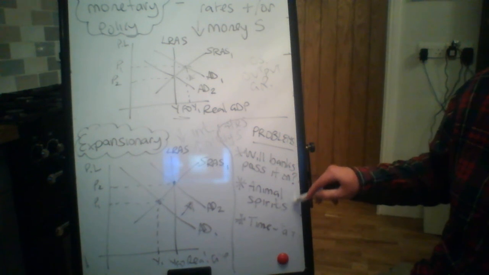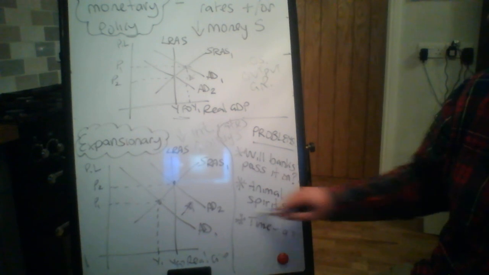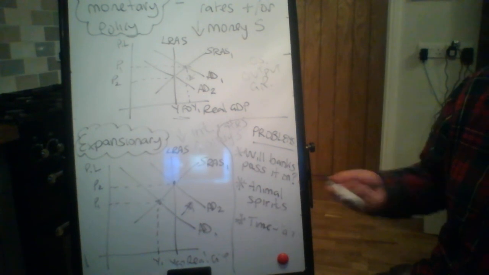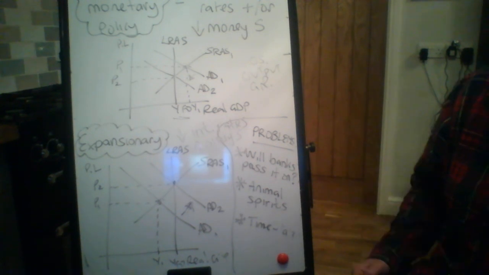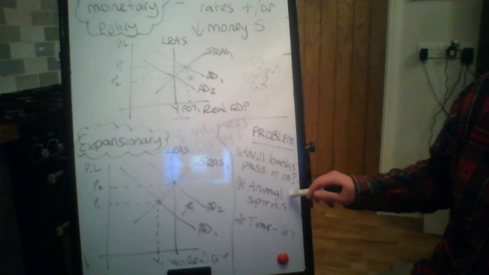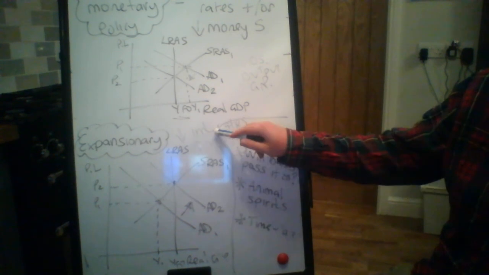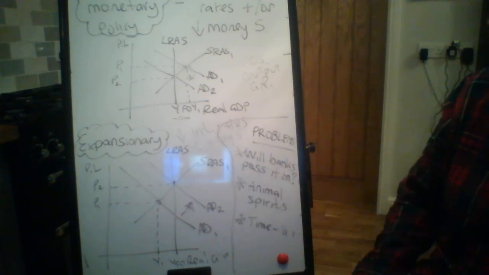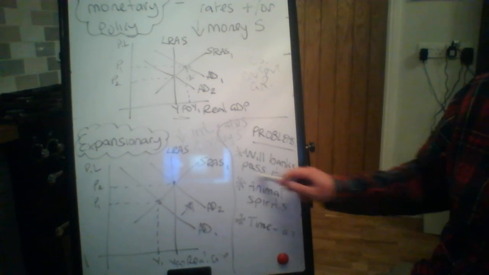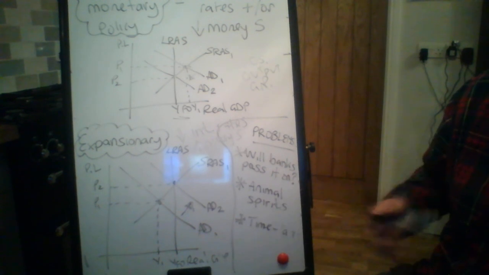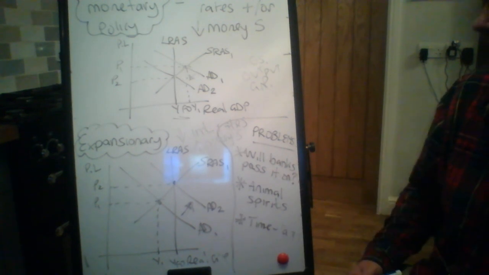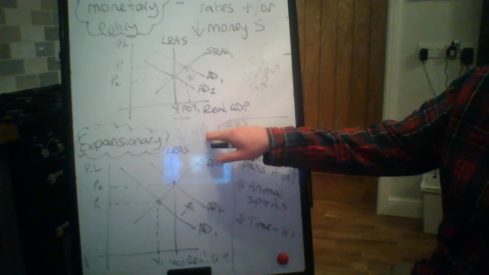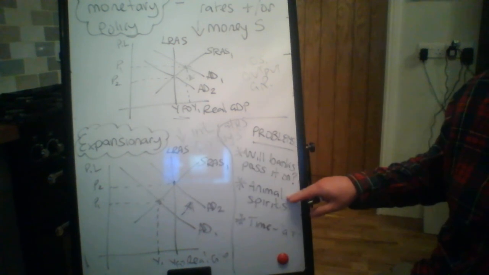Would people that are worried about job security go and buy a house on a mortgage? Would people go and borrow £20,000 to pay for a new car if they're worried about job security? So lower interest rates might not always lead to people spending more money in the economy. Savings might still be popular because people might want that money to tide them over if they do lose their jobs. So there's no guarantee again that this would lead to more consumption and investment.